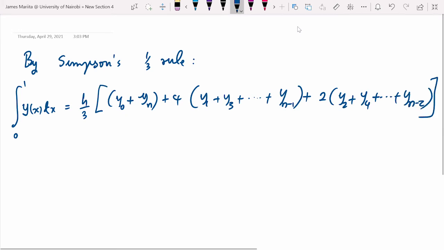That's what we have for Newton's 1/3 rule. h is the step length, which is 1/4, so this will be 1/4 divided by 3.